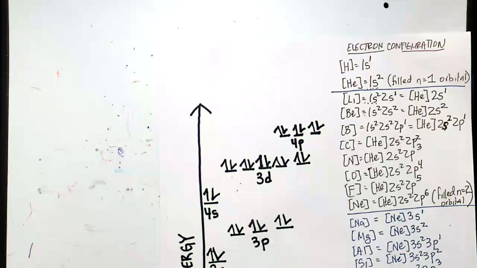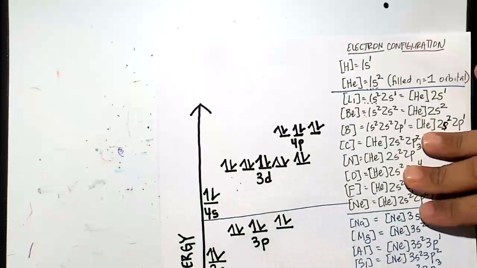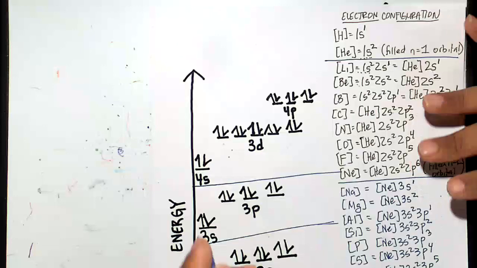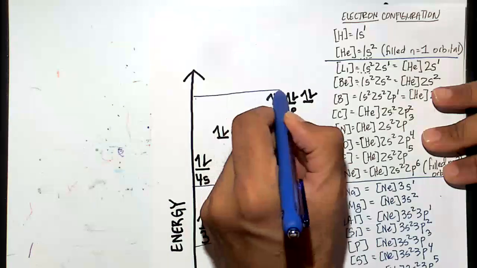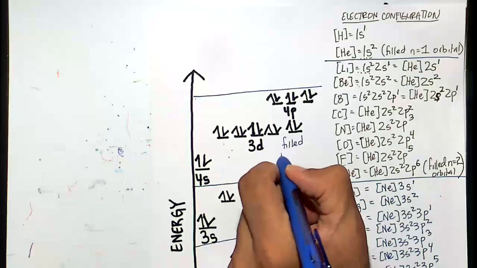So we go all the way to krypton, and what will we have? We will have a noble gas. And which shell did we fill up? 4p. And what is completely filled? n equals 4. Very good.